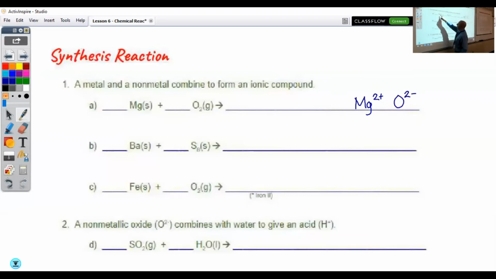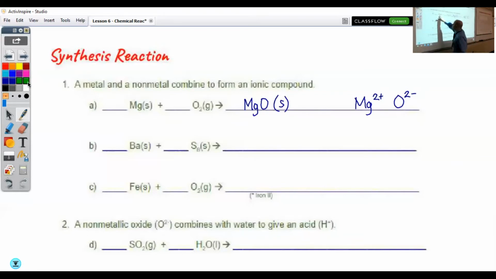So in this case, we're going to have magnesium solid reacting with oxygen gas, producing our product, magnesium oxide, which will also be a solid. Whenever a solid and a gas react, we're almost always going to produce another solid. At this point, I'm asking you to go ahead and balance this equation.